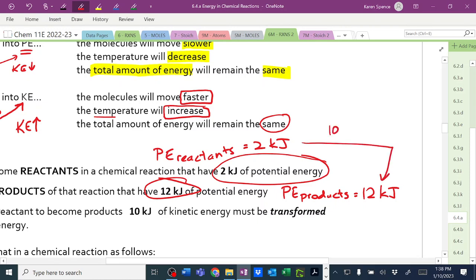So we take 10 kilojoules of kinetic energy and we transform it into 10 kilojoules of potential energy to give us 12 kilojoules in total, or sorry, that should say potential energy. And because we used up 10 kilojoules of kinetic energy, the temperature will get lower.